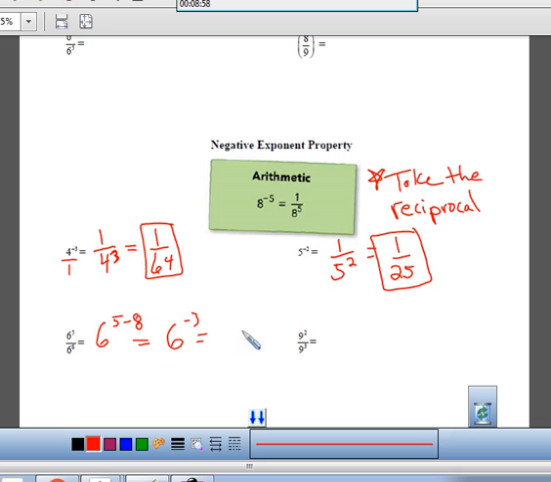I don't like my negative exponent, so 1 over 6 to the 3rd. We know what 6 cubed is, 1 over 216. And the last one, why don't you try that one on your own and share your results in math.